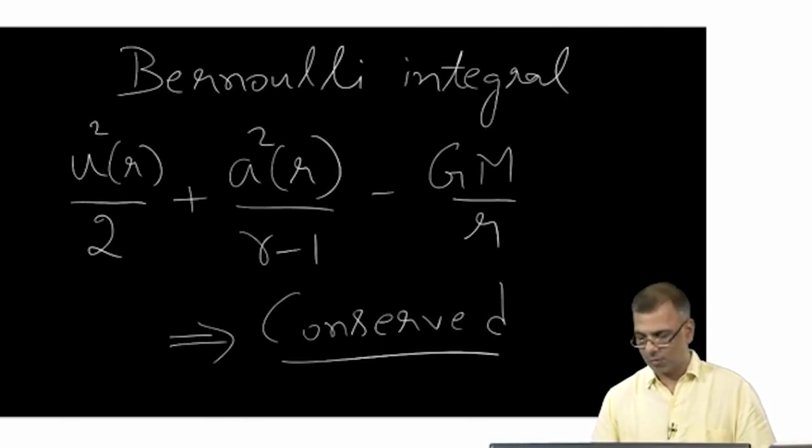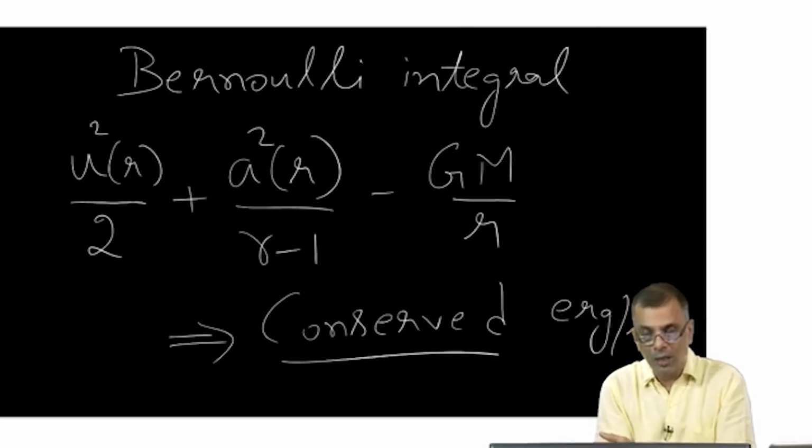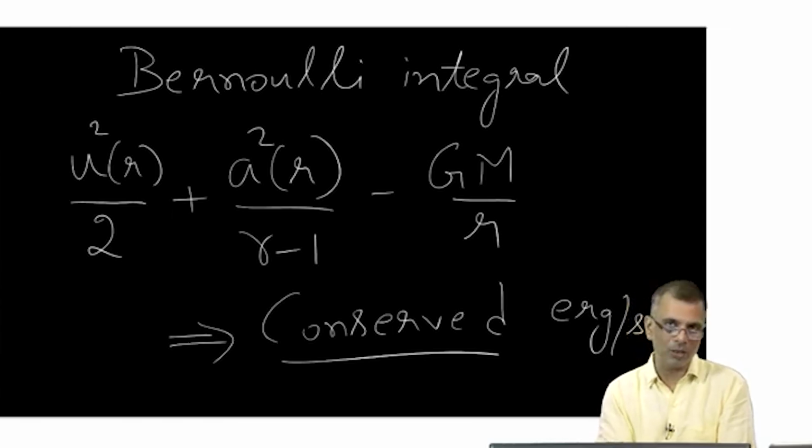This is conserved ergs per second. We will use this quantity and derive several interesting properties that have specifically to do with spherical accretion onto a compact object. Thank you.